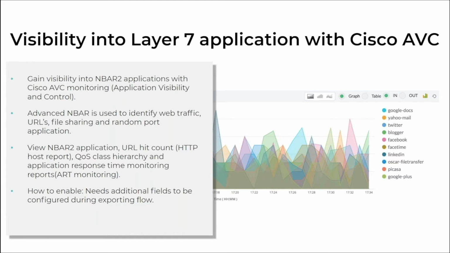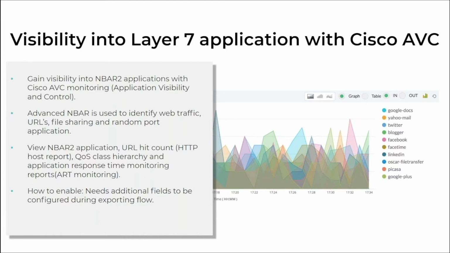When we talk about NBAR, what it is used for is that you can now identify web traffic based on layer 7. You can see URLs, meaning the host name information that we're looking at, and we can also see which particular port application is being used. Not only that, we can give you the host report, as in the URL hit count.